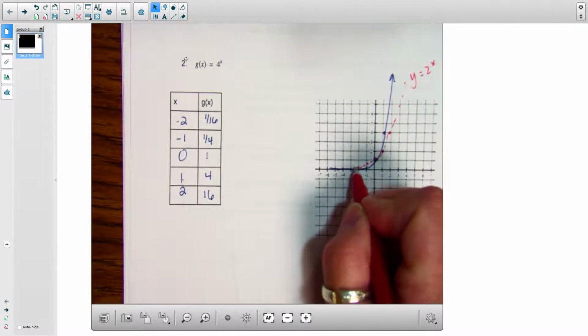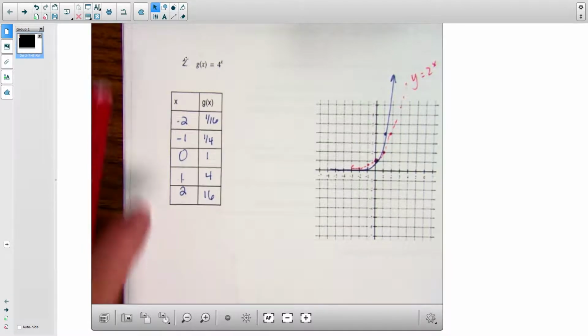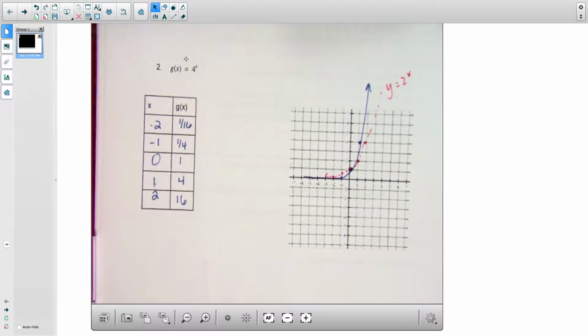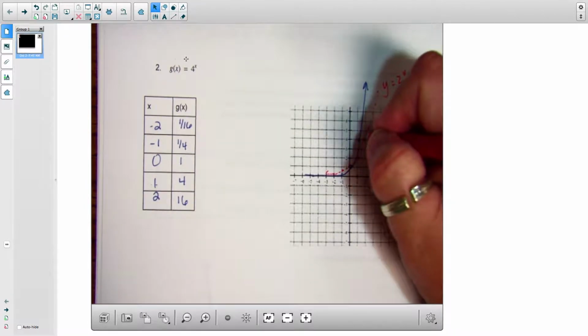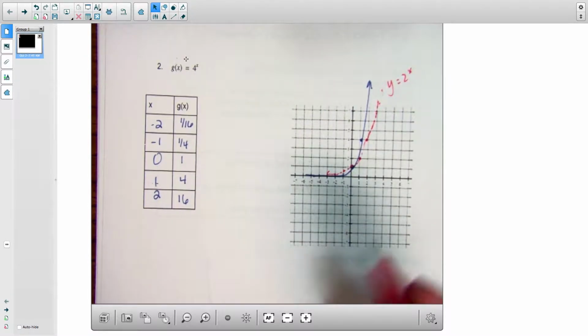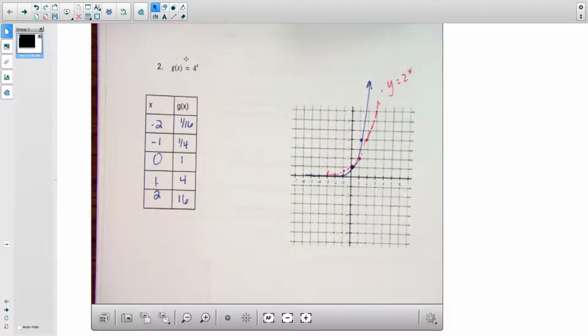In red, I put the y equals 2 to the x. And what can you see here? You can see they both have the same y-intercept, because any number raised to the 0 is going to be 1.